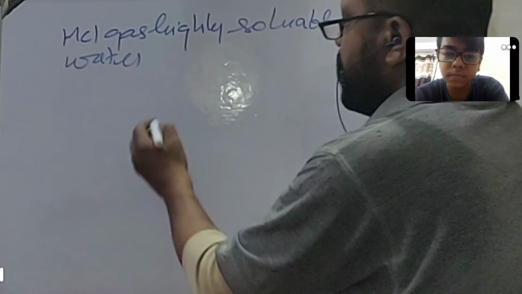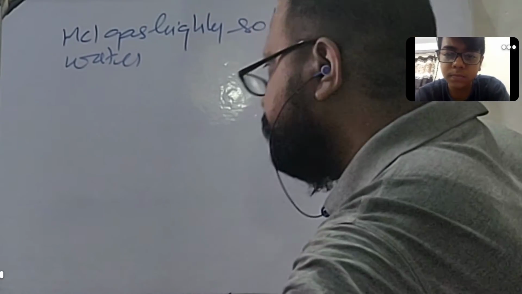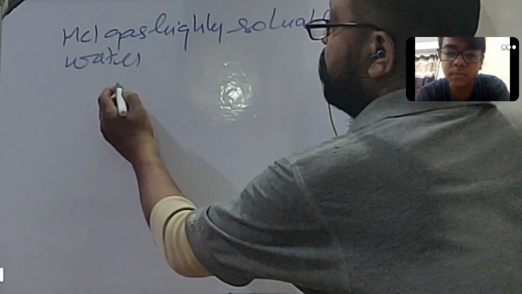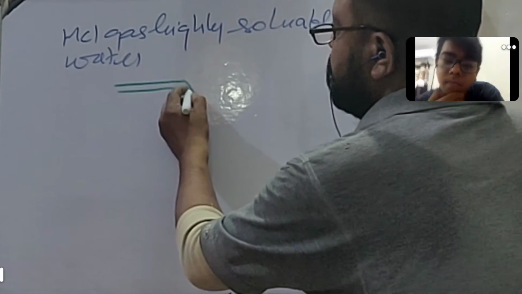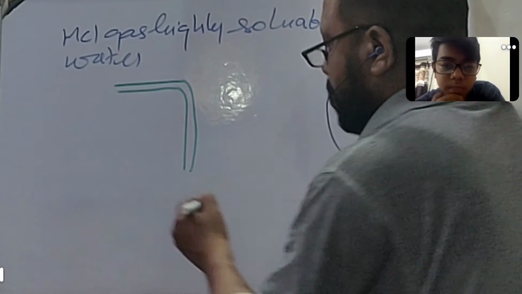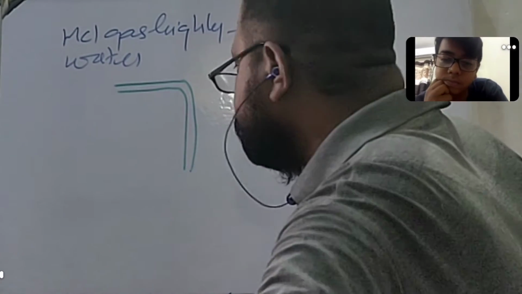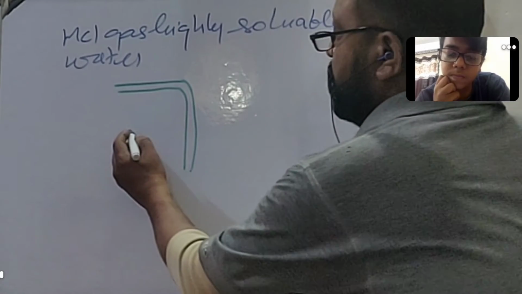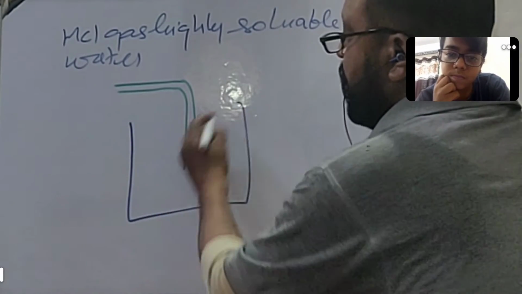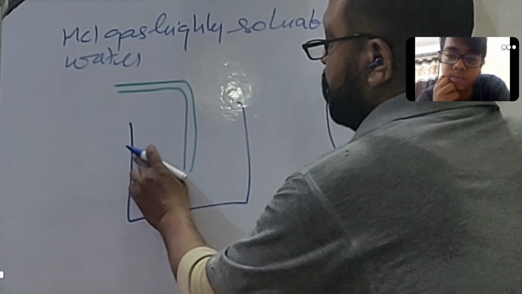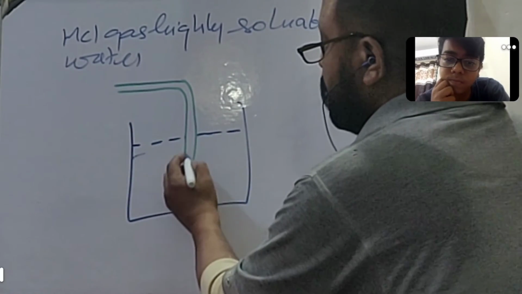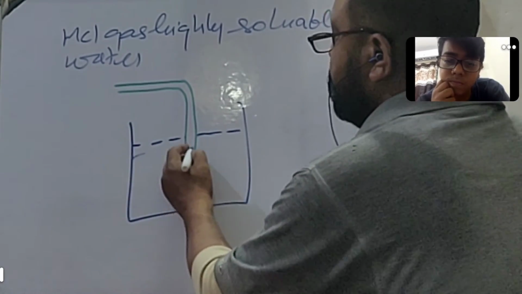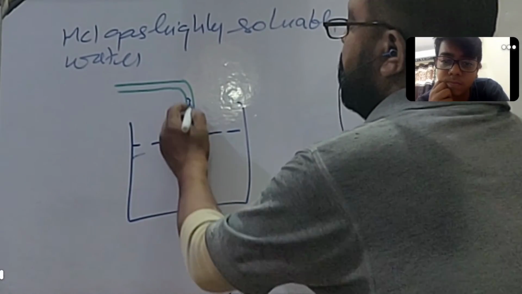Like this is the discharge tube through which HCl gas is coming, and this is the pot which is having water. When it is soluble in water, the water level rises in the discharge tube, right?